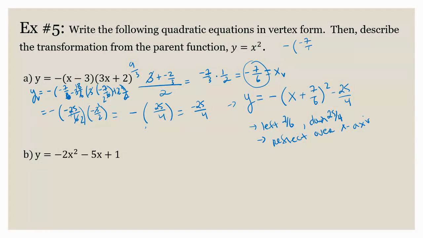Negative 7/6 minus 18/6, and then times negative 7/2 plus 2.